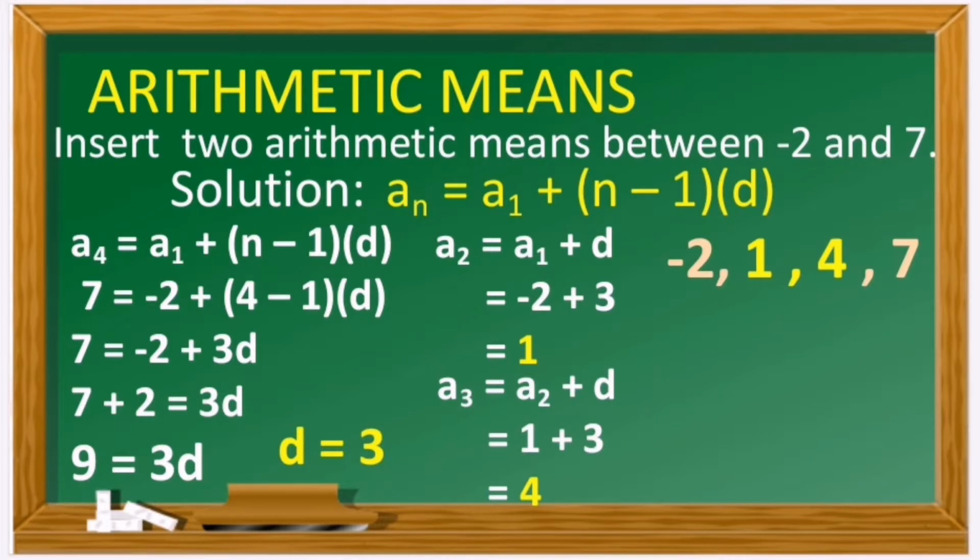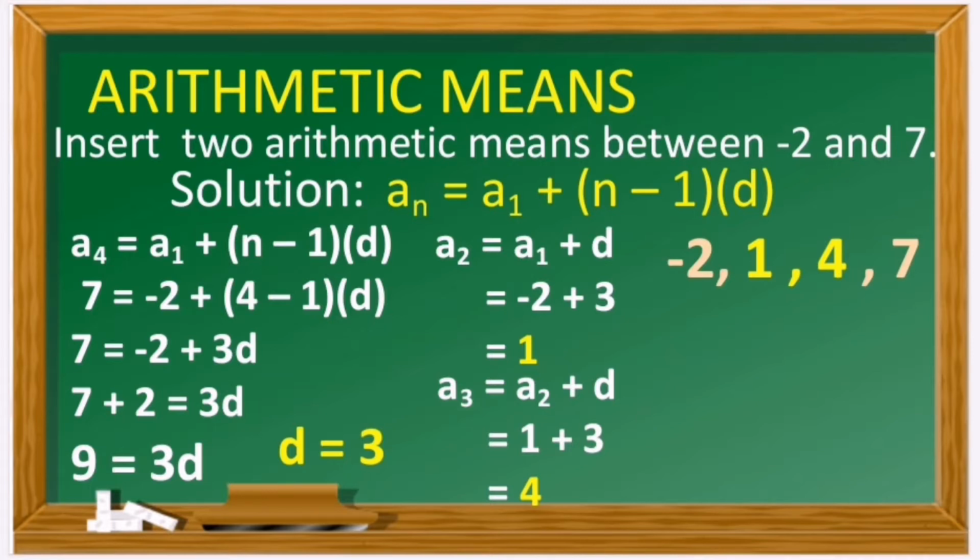Our a sub 1 is, yes, we are given to be negative 2, plus our n has been identified to be 4, minus 1, times your d. Our a sub 4 here is 7 equals negative 2 plus 4 minus 1, which gives you 3, times your d. It now becomes 3d.